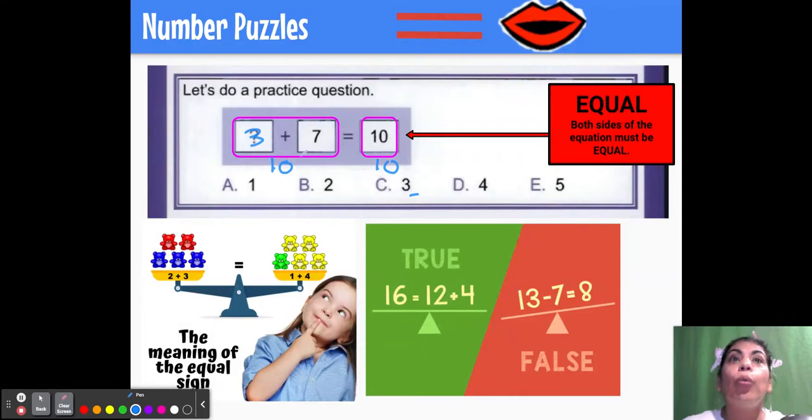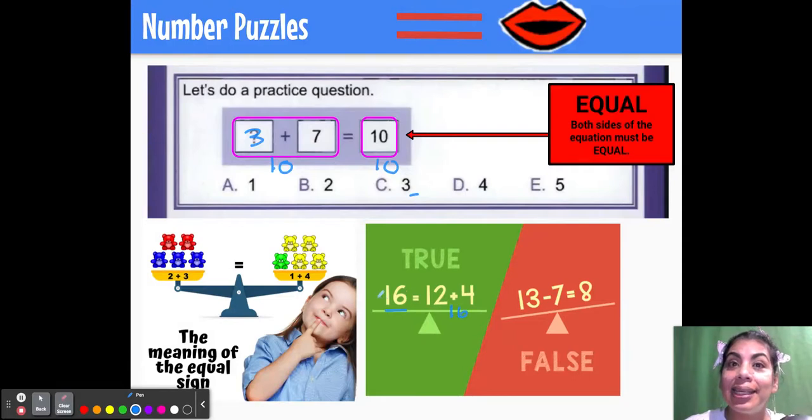And we're used to seeing our equal sign right before we get our answer, but do know that it's okay for it to be out of order. So in other words, look at this equation over here. 16 does balance a 12 plus 4 because 12 and 4 make 16.